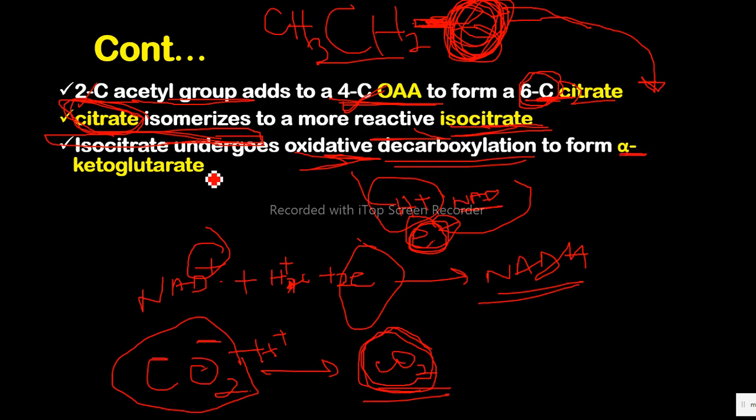Now, think about this and just keep it in mind: there is an amino acid called glutamic acid. So alpha ketoglutarate, since from 6 you've lost 1 carbon, is a 5 carbon compound.